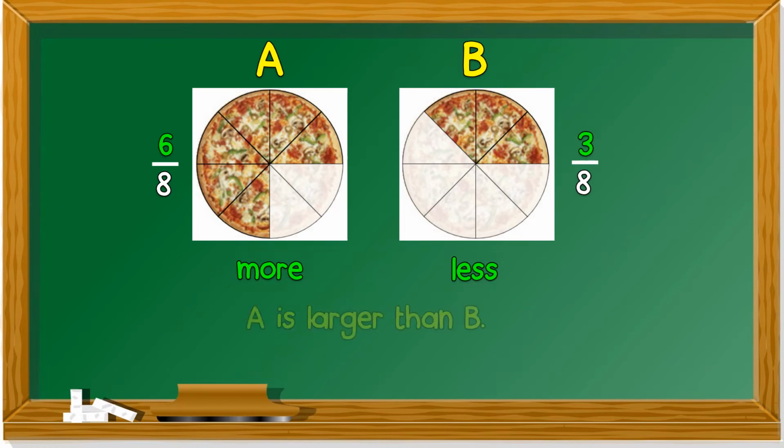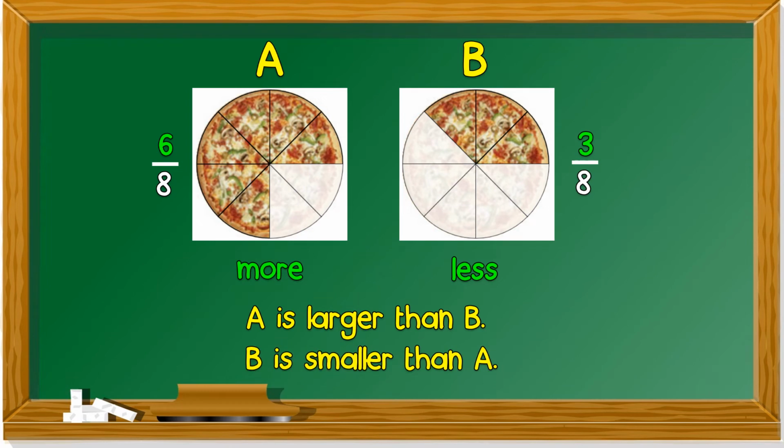So we can say that A is larger than B. Or B is smaller than A. Or you can also say A has more than B. B has less than A.